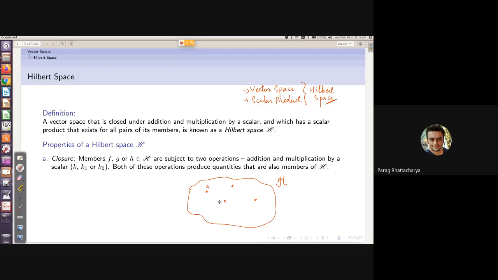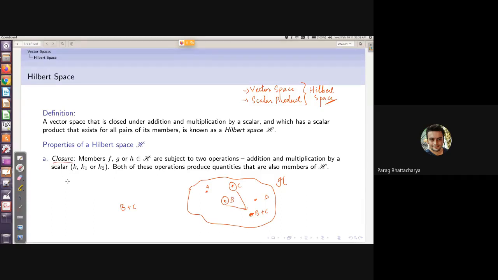Let's say this is member A, this is B, this is C, and this is D. If I take member C and member B and do the addition operation, B plus C, then this B plus C will also be a member of the same Hilbert space.